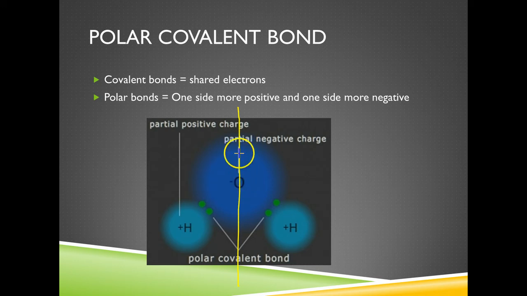So we have this side being more negative. That's the oxygen side, and then the hydrogen will be slightly more positive on that side. These polar covalent bonds will create some really unique properties that we'll touch on a little bit later on.